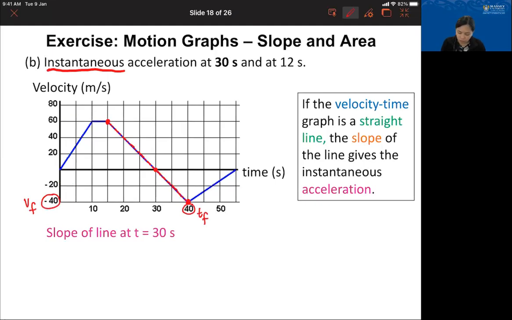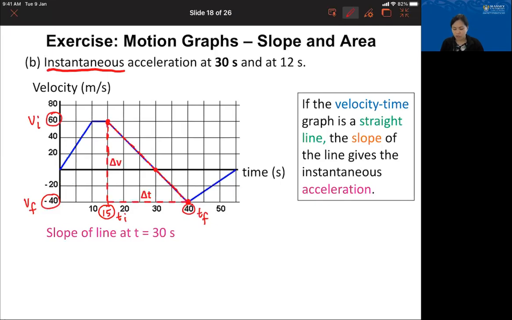The earlier time from this endpoint is here, and each grid is 5 seconds. So your initial time will be 15 seconds and your initial velocity will be 60 meters per second, right?